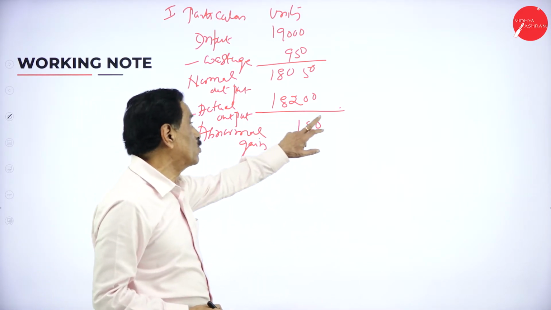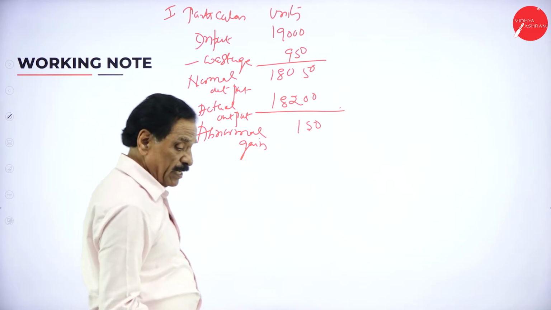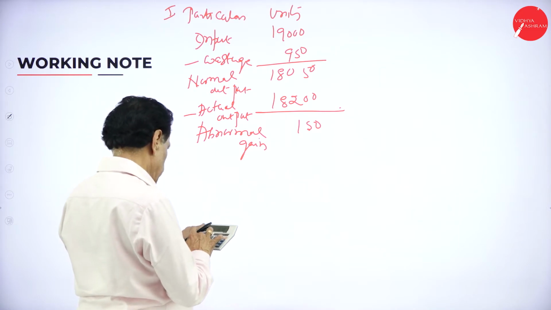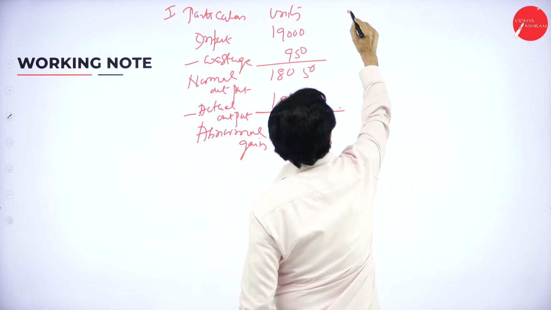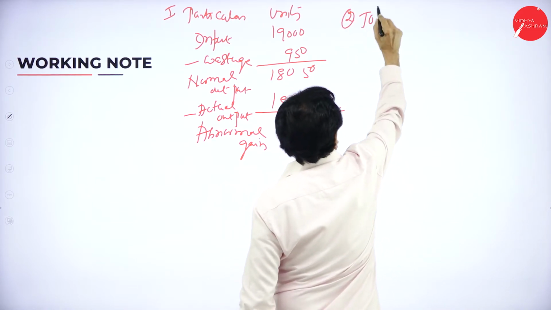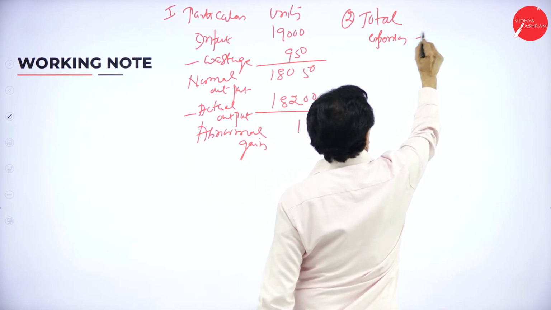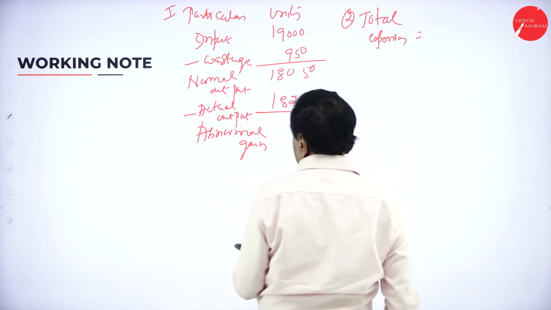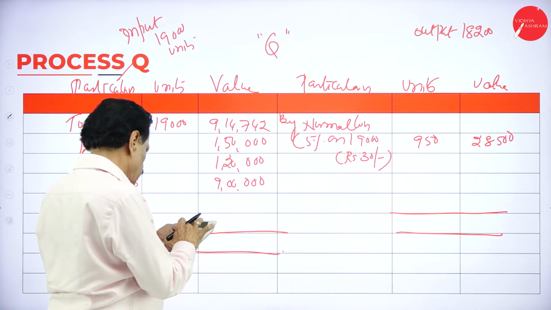You got 18,200. 150 is more. So 18,200 minus 18,050. Now, total expenses. Working note number 2. Total expenses.